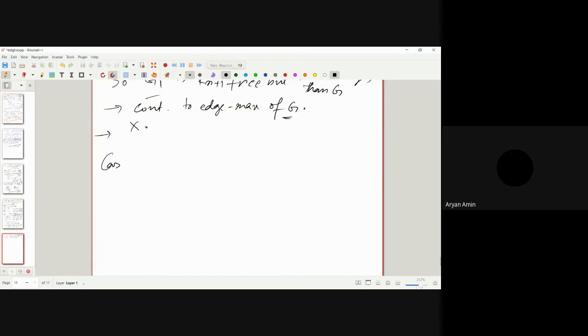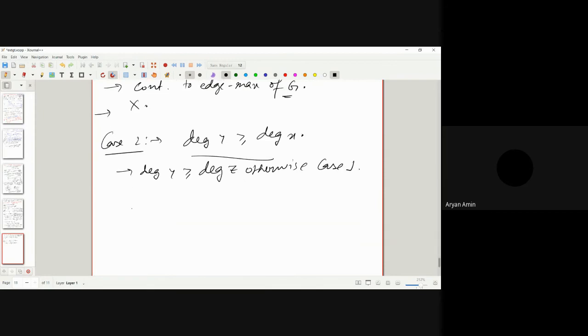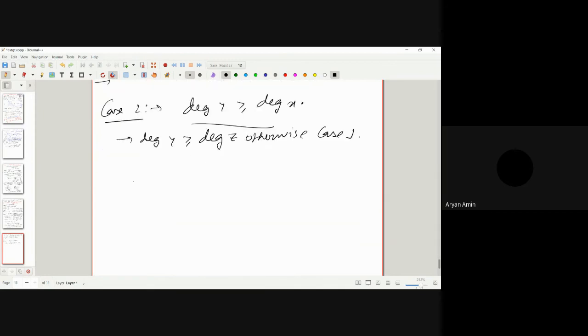The next case is degree y is at least degree x. Note that this implies that degree y must also be at most degree z, right? Otherwise, repeat case 1. What we will do is similar: we'll just swap out the lower degree with a higher degree. Replace x and z with clones of y.